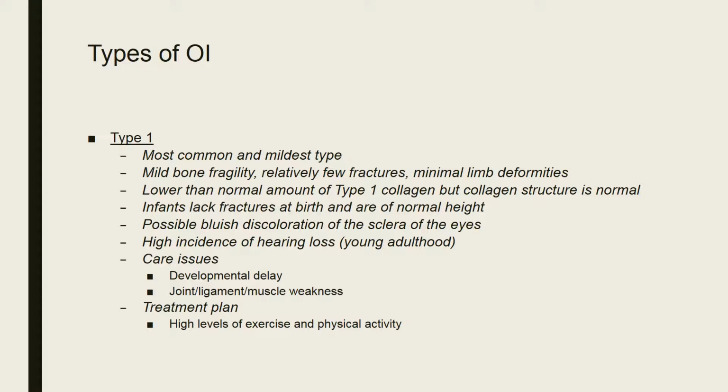Some issues that we may see is just a global developmental delay. There may be many reasons for this. If they know they have a diagnosis of osteogenesis imperfecta, their caregivers may be limiting their physical activity as precautionary to avoid those fractures.